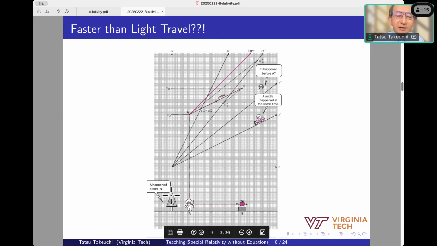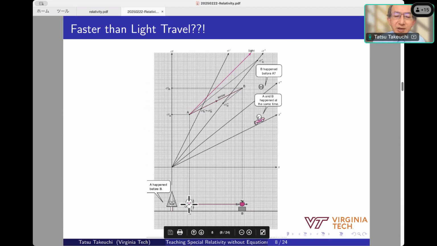Then in the frame fixed to the ground, the arrow will be fired first, and then the apple will be hit later because B happens after A. But in the moving frame, which is moving at half the speed of light to the right, A and B happen at the same time.